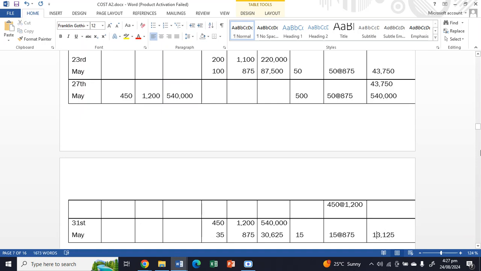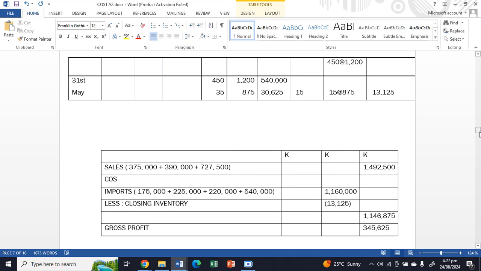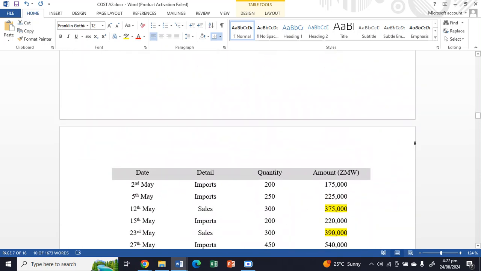So we need to calculate the profit. So make a simple trading account. All right. So first things first, we need our total sales revenue. So we just add these values here from the sales.